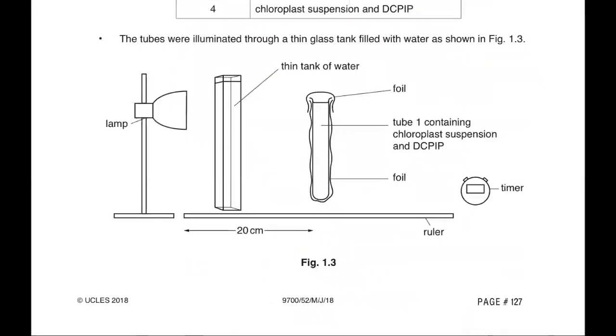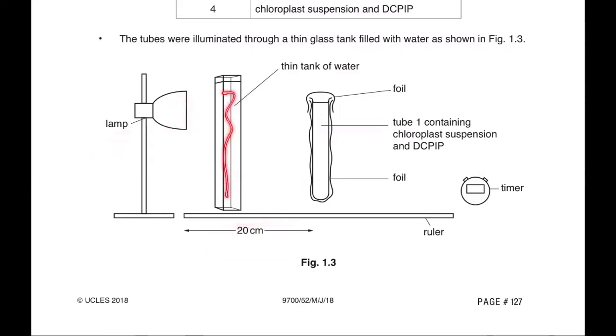The tubes were illuminated through a thin glass tank filled with water, as shown. You have studied this set of apparatus in photosynthesis. You irradiate a suspension of chloroplast, which is there in DCPIP, with this lamp. You keep the light intensity constant by keeping it at a constant distance and using the same watt of bulbs or the same number of bulbs.